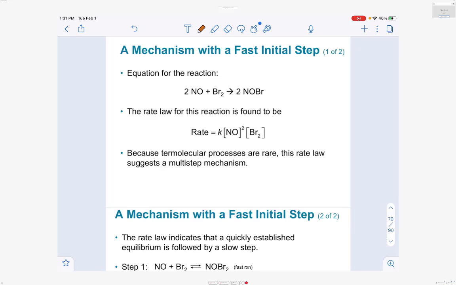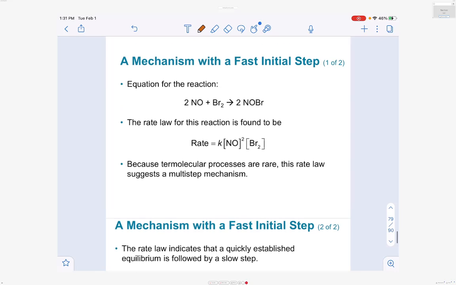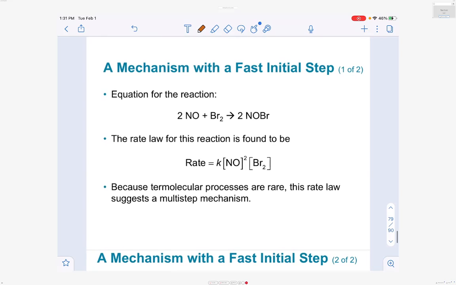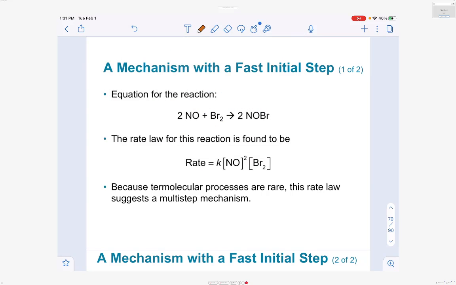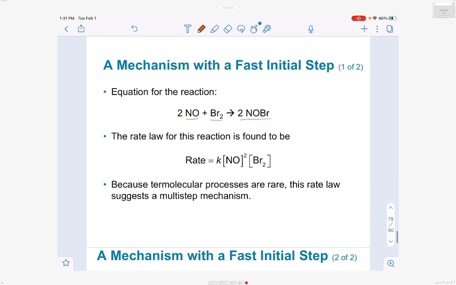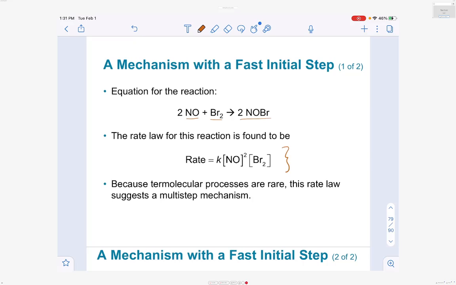We're going to take a look at the equation with a fast initial step. Okay, so let's take a look at the example where nitrogen monoxide plus bromine equals NOBr. Okay, and in this reaction, the rate law is found experimentally.